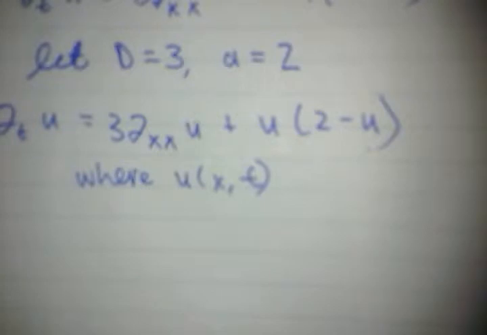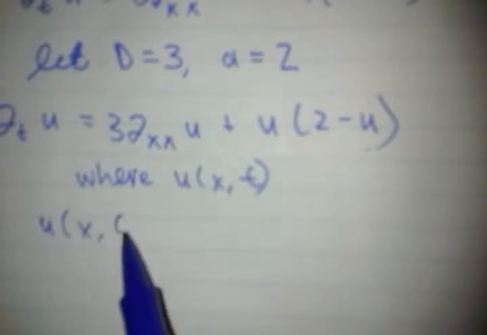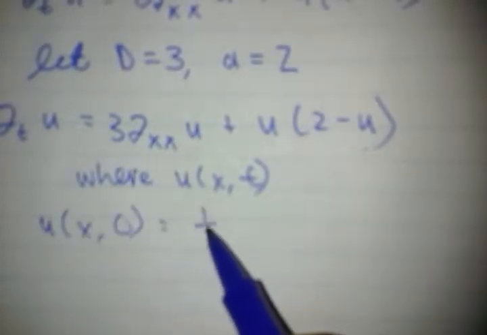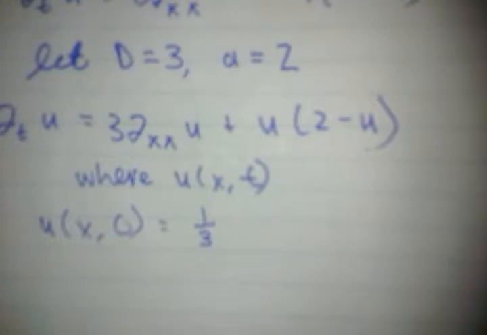First, to make this an actual problem, I'll set initial conditions, and I'll just choose something random like u of x at 0 is equal to 1/3.